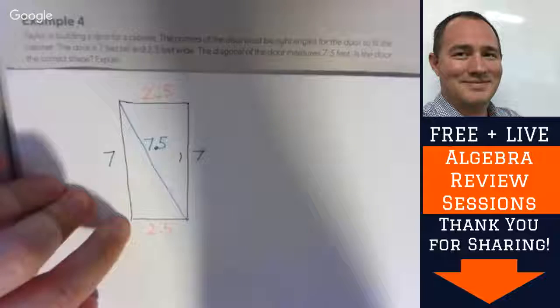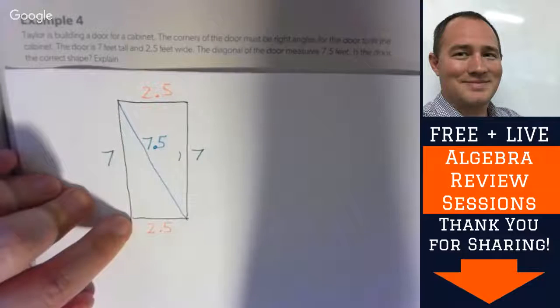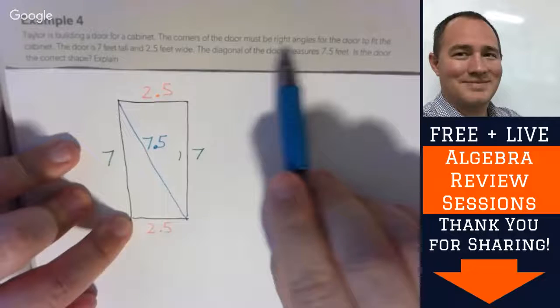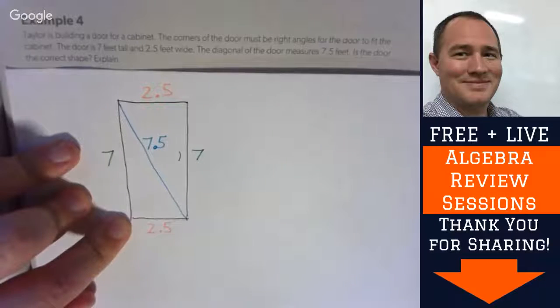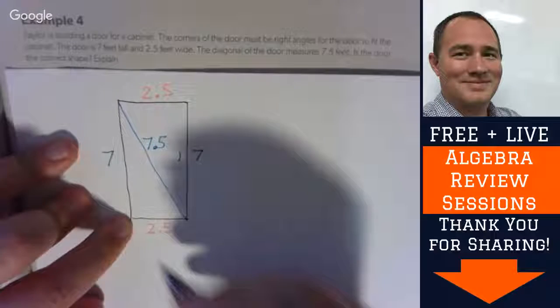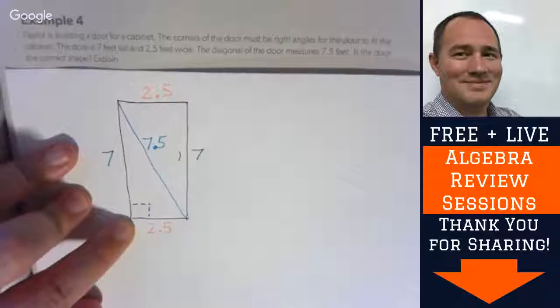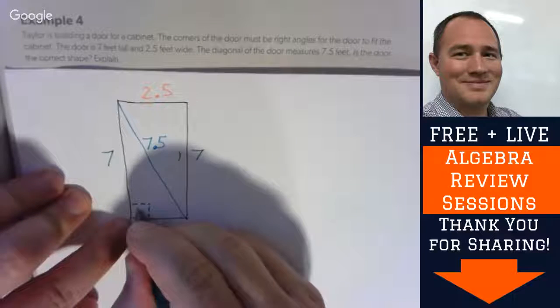So what we're doing is we're checking if these are right angles, because it's asking us if we do actually have right angles. Let me actually do one of these that symbolizes a right angle.